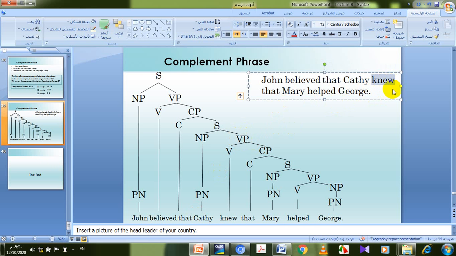The verb phrase is subdivided again. We have verb phrase starting from the verb knew, and that Mary is a complement phrase, which is subdivided into complementizer, that, and another sentence. The sentence is Mary helped George. So the sentence Mary helped George is subdivided into noun phrase, Mary, and verb phrase, helped George, which is subdivided into verb, helped, and noun phrase, George.